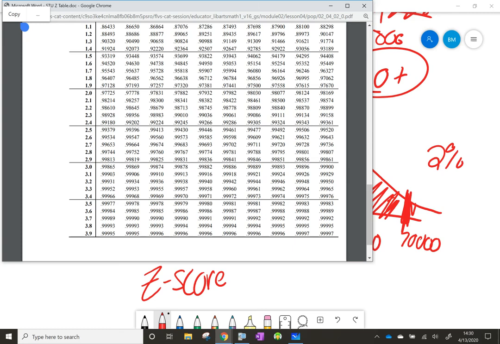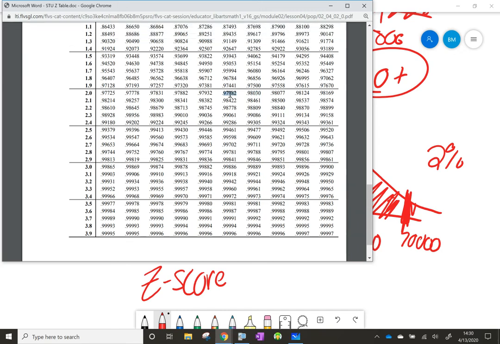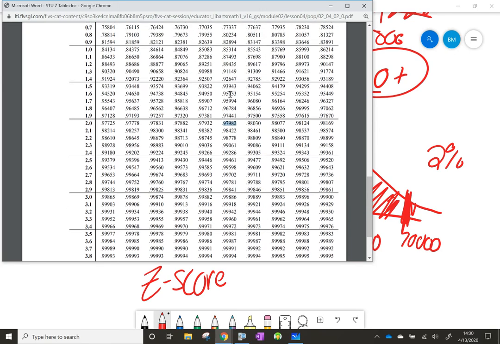So the closest number we can find to 0.98 is right here at 0.97982, because the one after that's 0.98030. So this number is slightly closer to 0.98 than the other one. So we're going to use that.